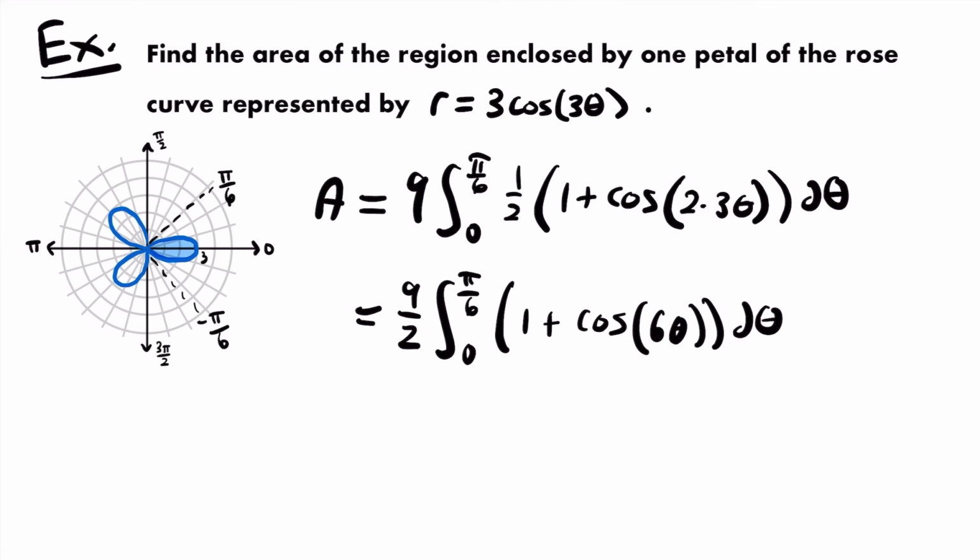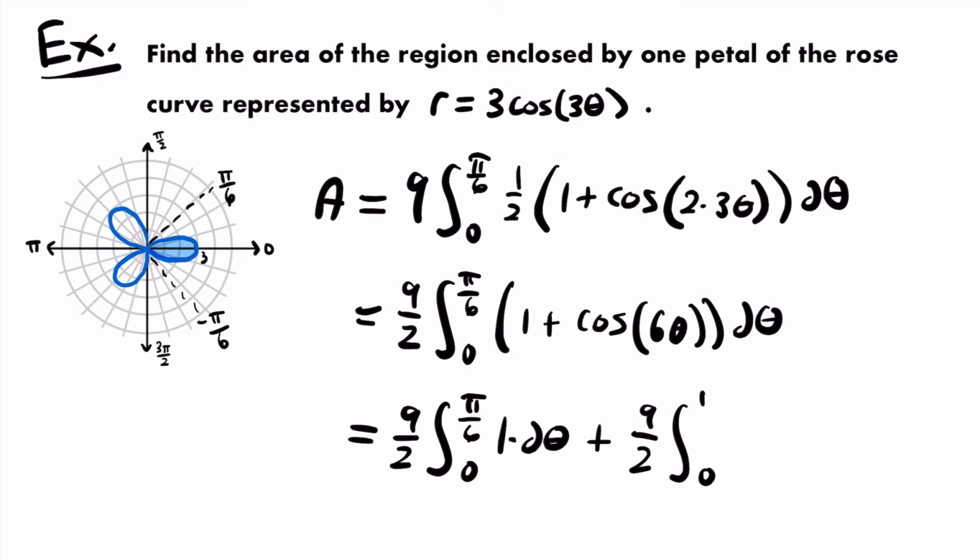All right, so let's work through that. This will be equal to 9/2 times the integral from 0 to pi divided by 6 of 1 times d theta plus 9/2 times the integral from 0 to pi divided by 6 of cosine of 6 theta d theta. All right, so now let's work on integrating this integral and using u substitution on this integral.